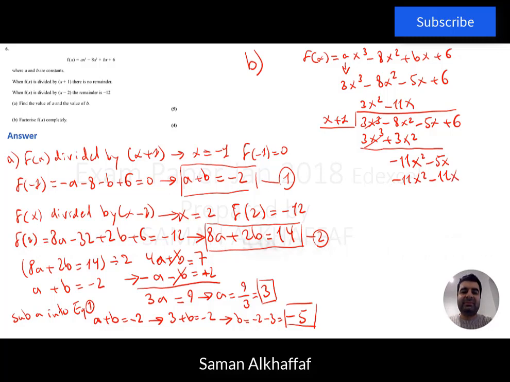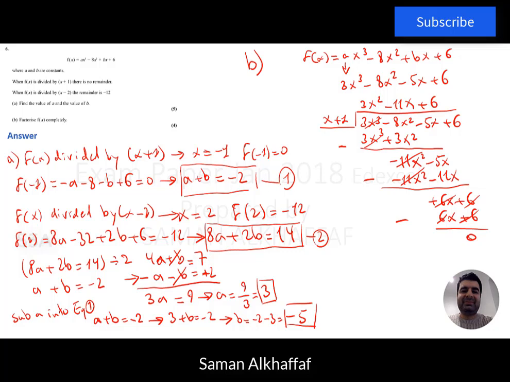This term will disappear when they are taken away from each other, and we would have plus 6x, because this is minus and this is also minus, and we have plus 6. Then we can multiply by 6, which gives 6x plus 6, and because it's taken away, the signs change. These terms disappear, and we have the answer being 0.